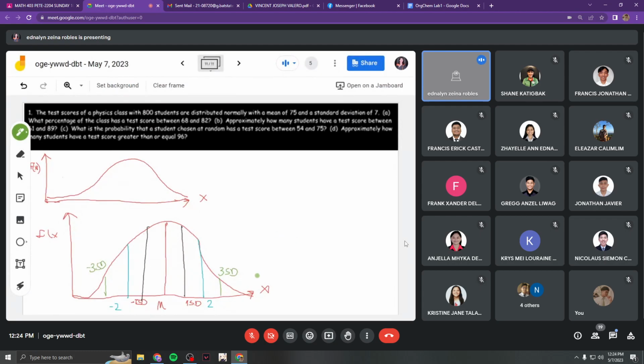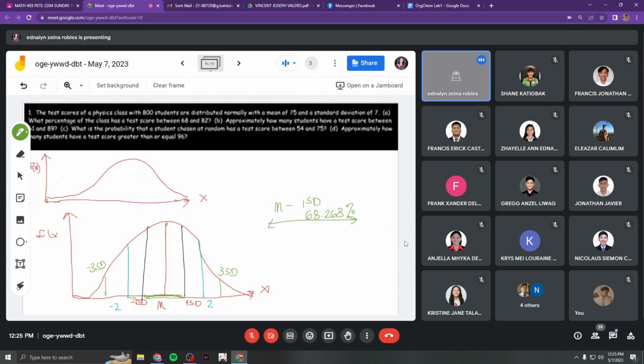Remember these numbers: from the mean until the first standard deviation, the probability that that will happen is equal to 68.268%.